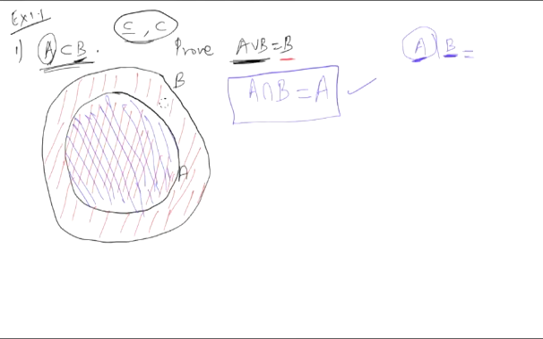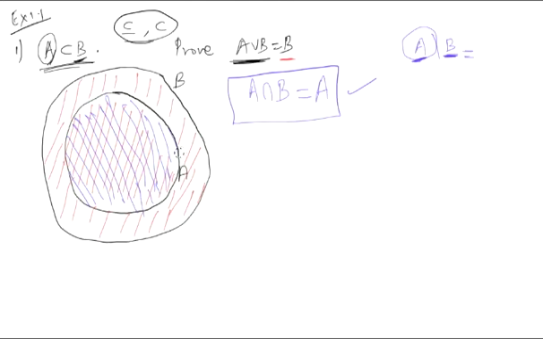Now, if you subtract the elements of B from set A, what will remain? The elements that you are going to subtract from A are common to A and B, right? So if we subtract B from A, nothing will remain in A, right?